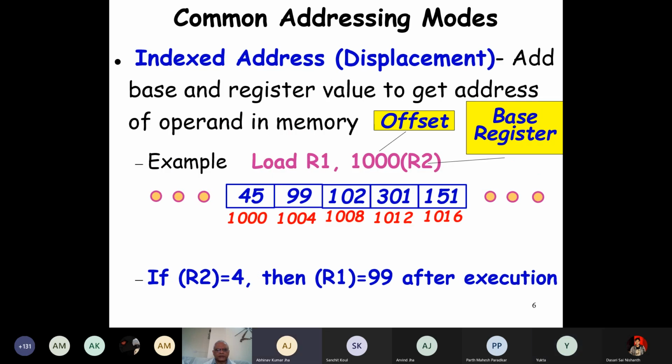Then we have this displacement or indexed addressing, and this is used when we write programs involving arrays. We'll keep on incrementing R2 at a time and keep the offset to be the start of the array.